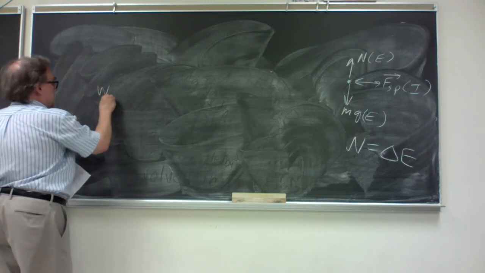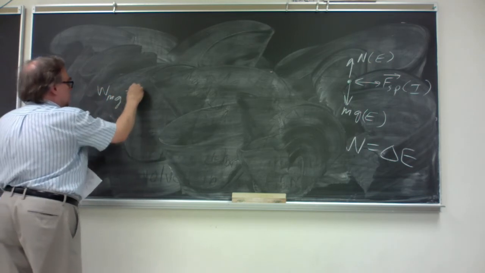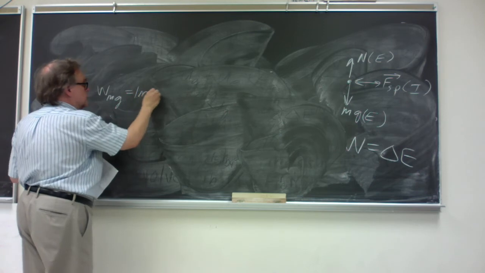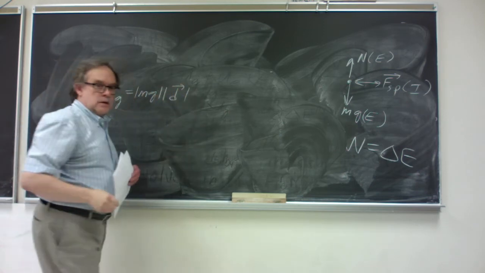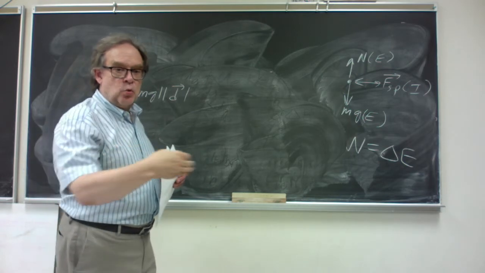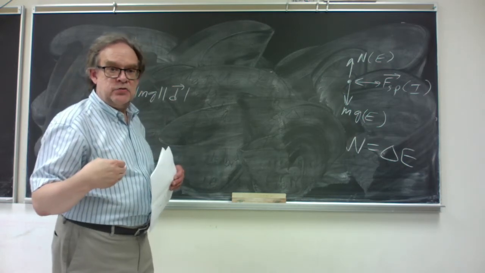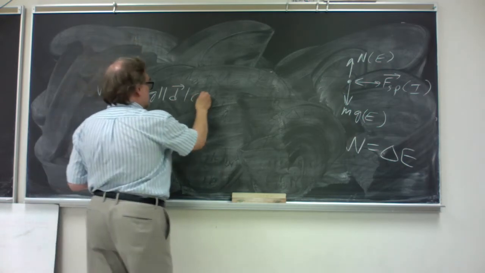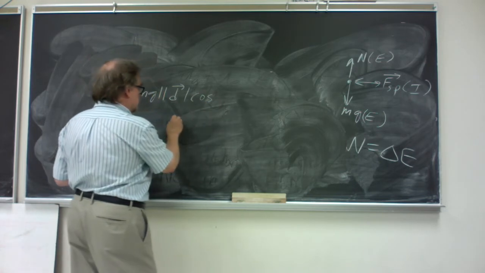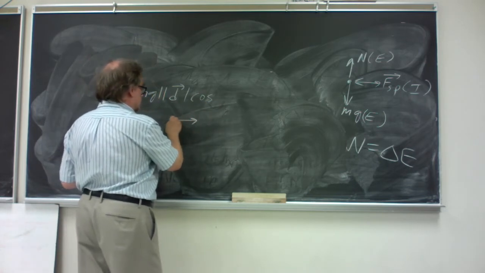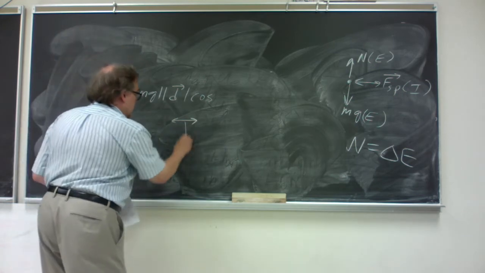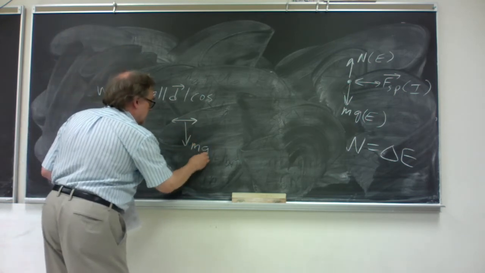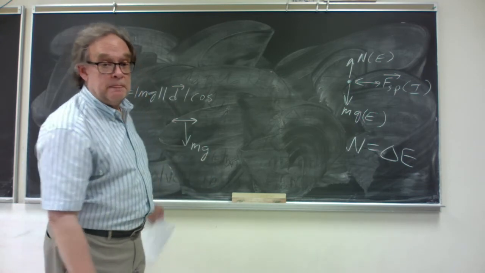Work done by the weight, for example, is the magnitude of the weight times the displacement while the oscillating mass is feeling that weight, and the cosine of the angle between the displacement direction, which is going to be either to the left or right, but horizontal always, and the weight force, which is always down.